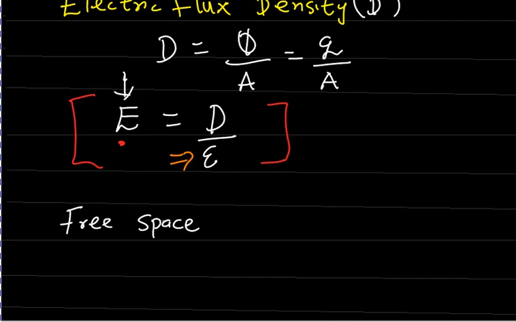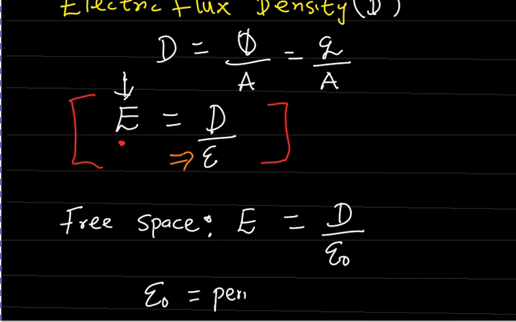So let's say this is free space or air, then we can write the electric field intensity as electric flux density divided by epsilon zero. This epsilon zero is the permittivity of free space, or absolute permittivity.